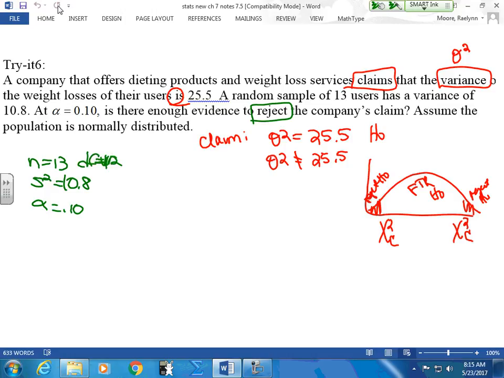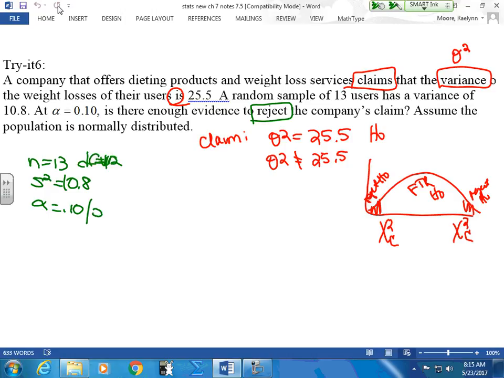What do I do first to find my critical values? How did you look up your critical values? DF. And then, what's that called? Level of significance. Yeah. That's okay. So I look up what for level of significance.